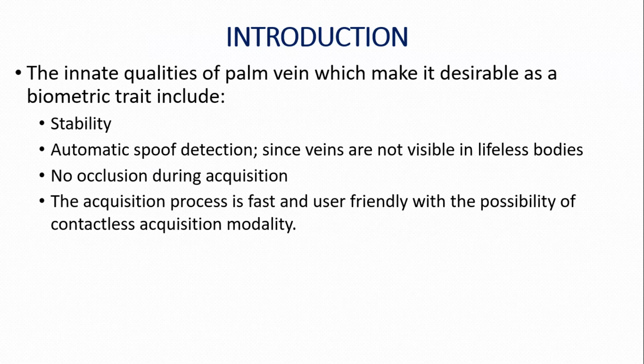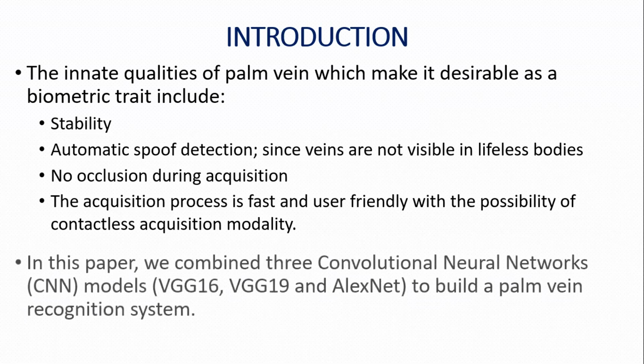It is also very easy to ask people to use this method, because people are usually more eager to use their hand for authentication, especially if the system can be built in such a way that it is contactless and they have no worries about contracting diseases from using such a system.